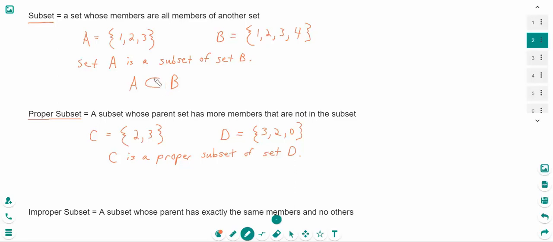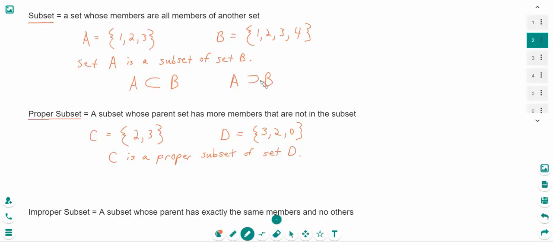The sideways U shape basically reads is a subset of. So this would read A is a subset of B. If I would have written it like this, we have to be careful. We'd have to read this backwards, and we'd have to say B is a subset of A. So it does depend on which direction this U shape is pointing.